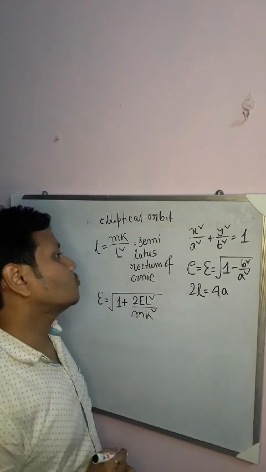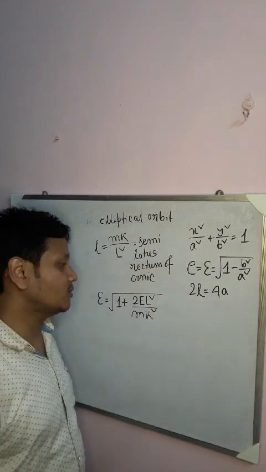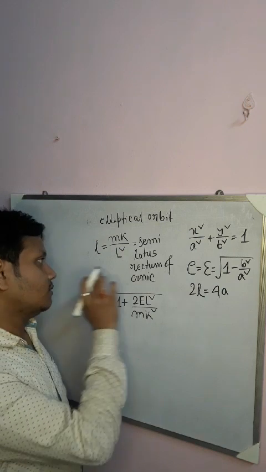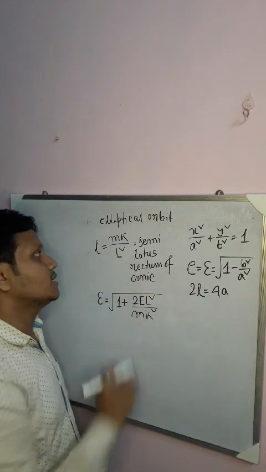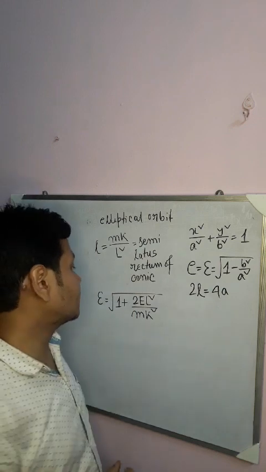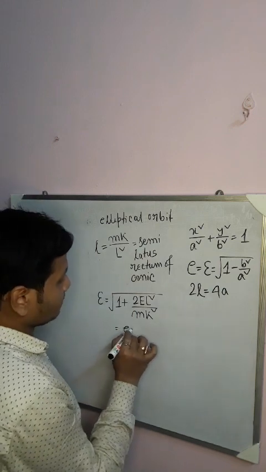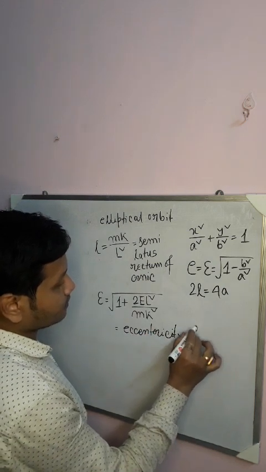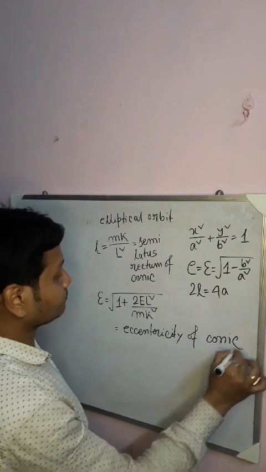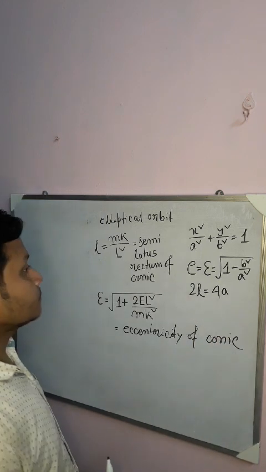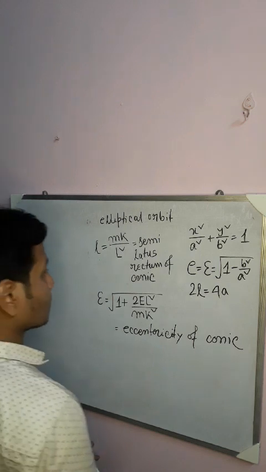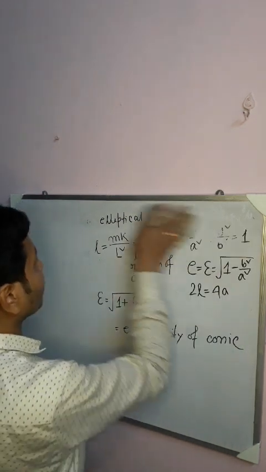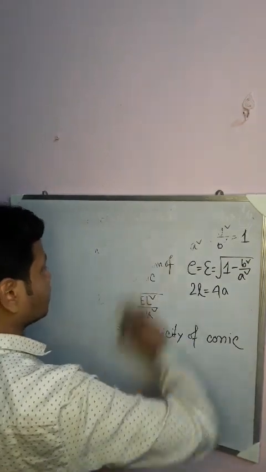So we arrived at the standard conic section equation, where mk by l square is the semi-latus rectum of the conic and this is the eccentricity of the conic. Thus we arrive at the conic section equation.